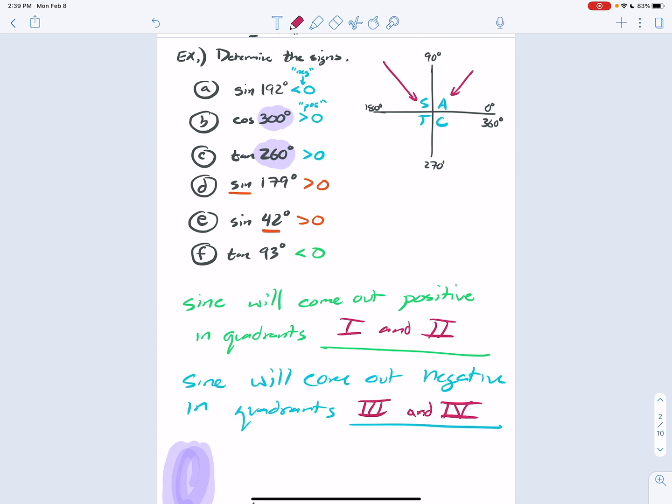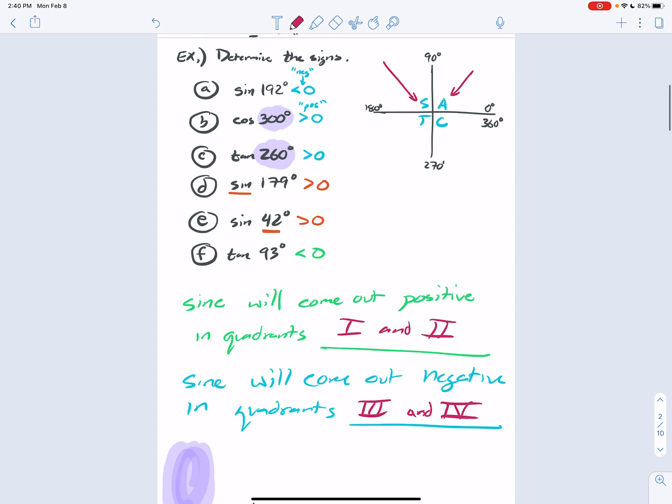Cosine will come out negative in quadrants 2 and 3. Okay, and I'll do one last one with you guys. When is tangent positive? Tangent will come out positive when? Tangent will come out positive in quadrants 1 and 3. Okay? And tangent will come out negative in quadrants 2 and 4.